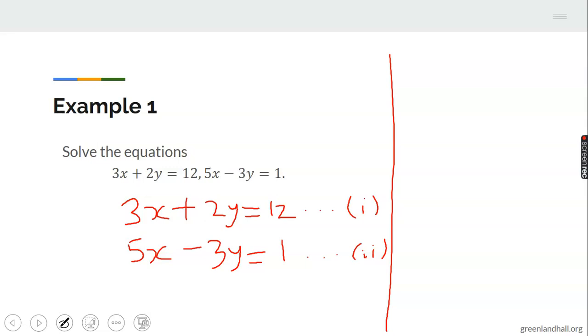Okay? Now follow me. I want to eliminate y, as I've said earlier on. This is 2, this is 3. What will I multiply to this equation that will make this one and this one to be the same, so that I'll be able to eliminate y?